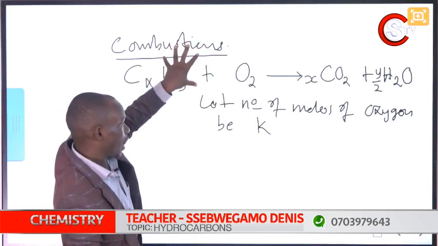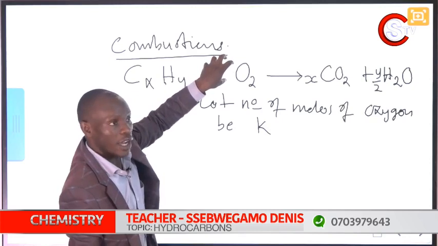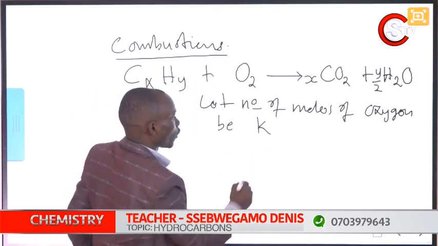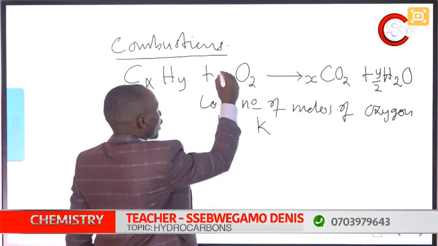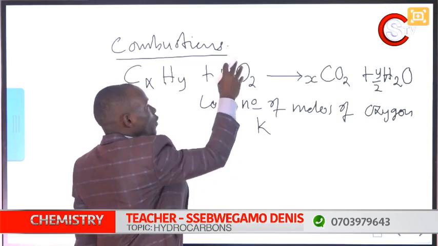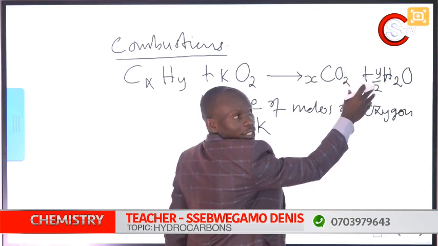You are looking at this part and the other part. I'm trying to look for the balancing figure of oxygen. So if the number of moles of oxygen is K, I'll put K there. That means the number of oxygen on this side are equivalent to the number of oxygen on this side.